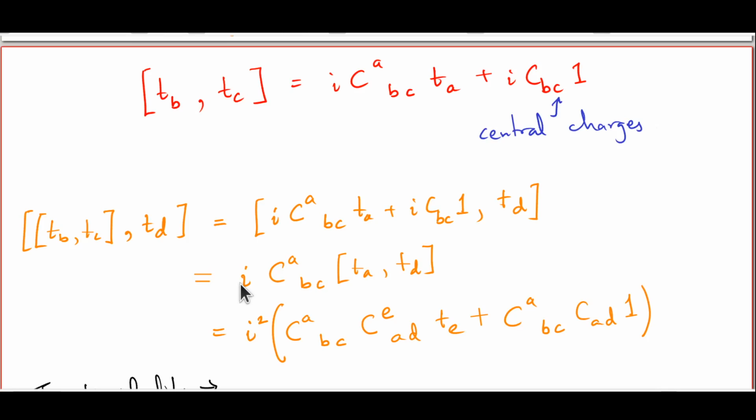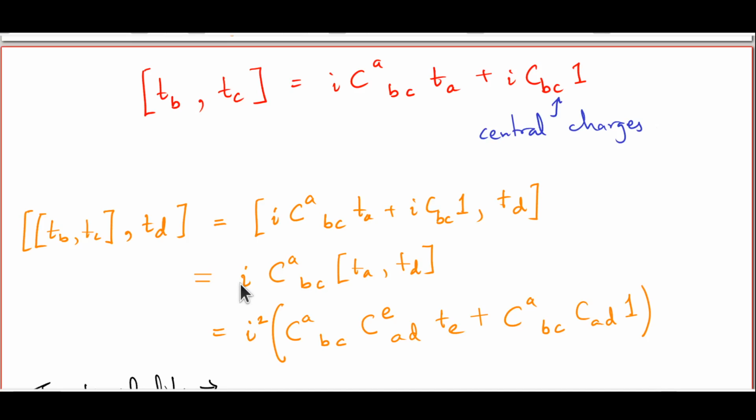Now that's very easy to prove starting from the definition of the commutator. Now let us start by taking a look at the commutator of this kind between three generators. TB, TC's commutator of that with TD.